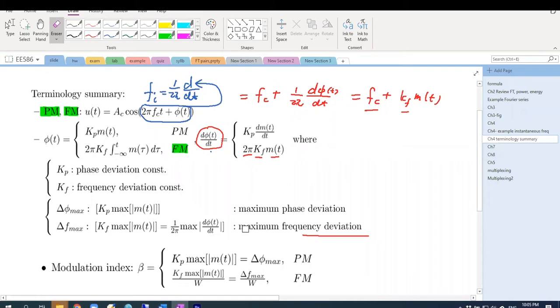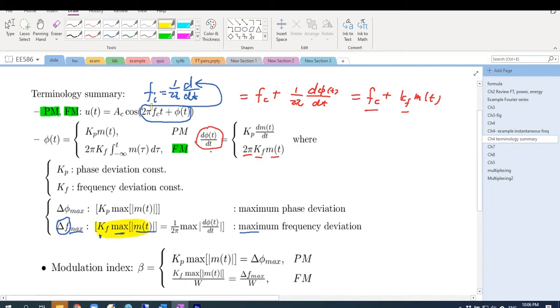Next, let's look at the maximum frequency deviation for FM modulation. The symbol is delta f max, which equals Kf multiplied by the maximum value of the message m(t). Why is this?